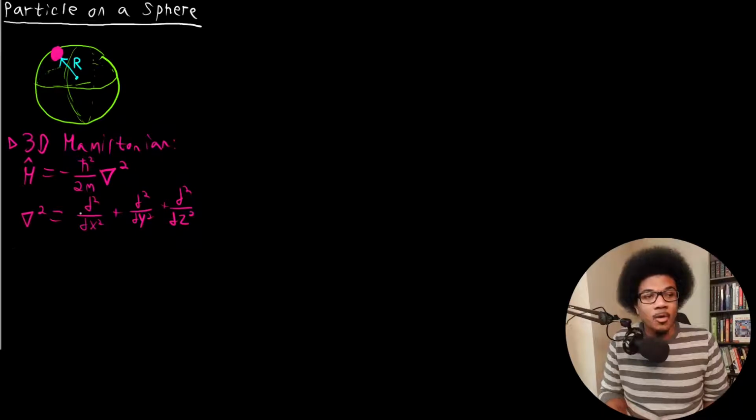So we're going to convert this Laplacian to spherical polar coordinates, just like we did with the particle on the ring.